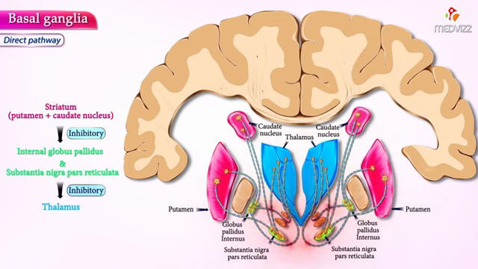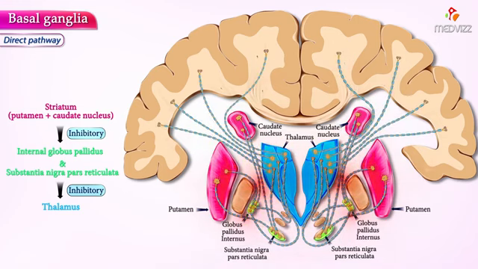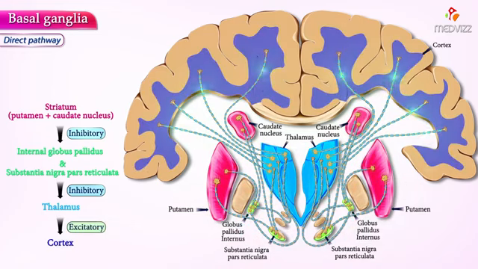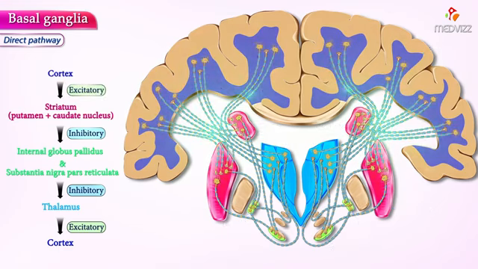So, there will be a disinhibition of the thalamus, which is equivalent to the excitation of the motor cortex. That is, a negative of a negative resulting in a positive. So, the general function of the direct pathway of the basal ganglia is to excite the motor cortex or to increase the motor activity.